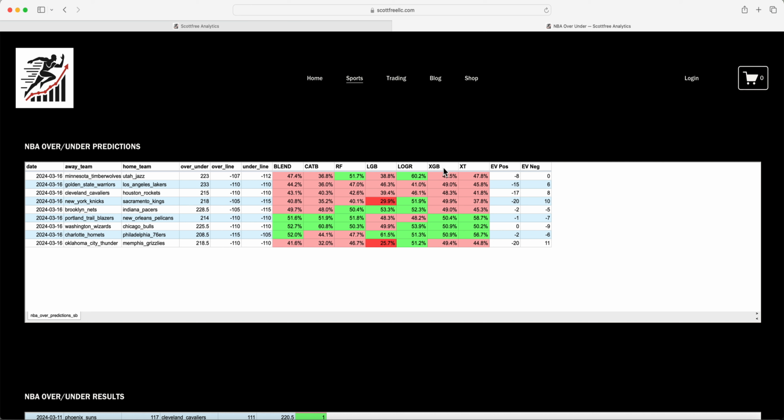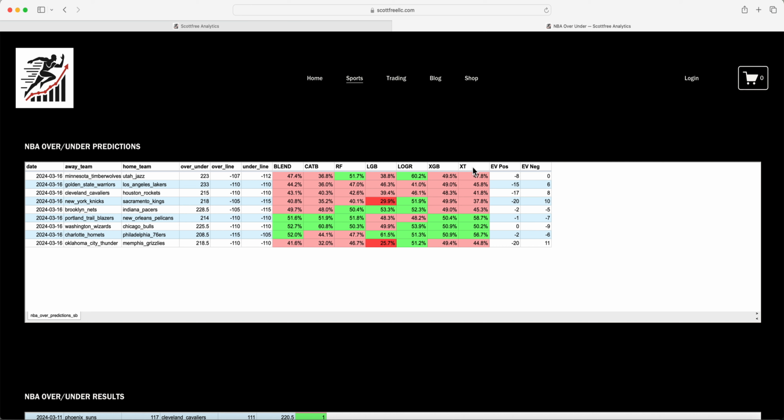XGBoost is another gradient boosting technique. It's also a gradient booster like LGB, but XGBoost is much more disciplined about assigning probabilities, and you can see there's a very tight range for NBA over under. Then this XT is extra trees, so this also uses decision trees.